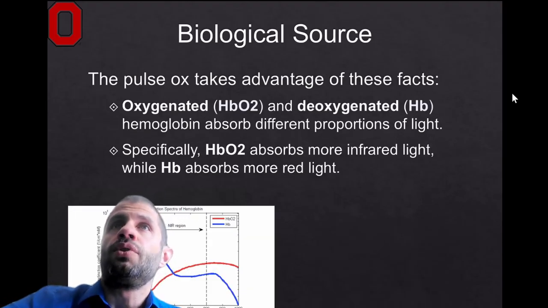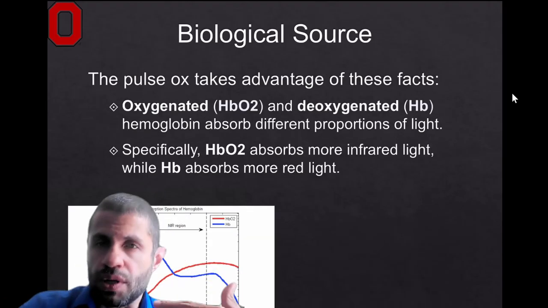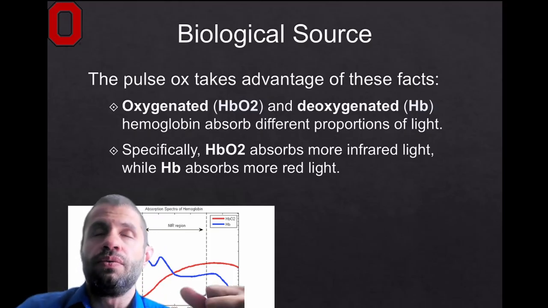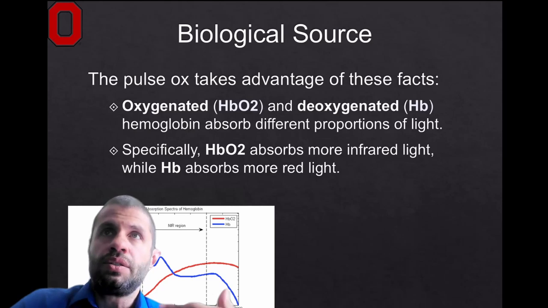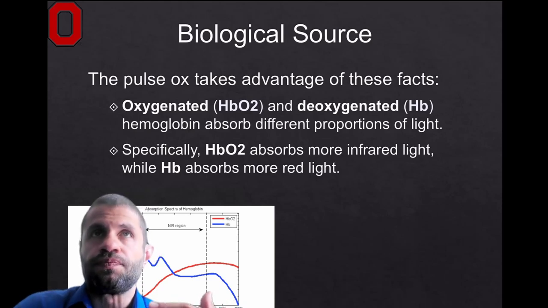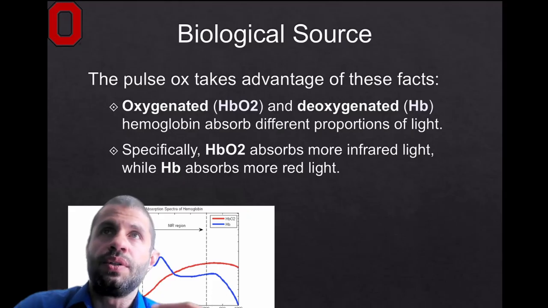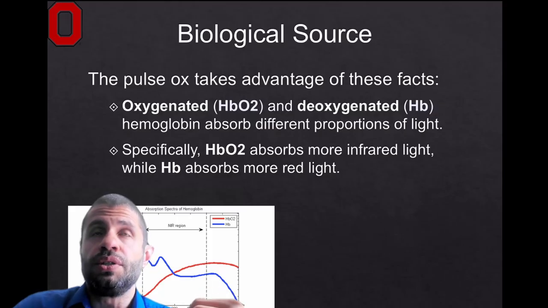So for the biology, how does this work? Like, what is the biological or biochemical basis of pulse ox? And it's somewhat fairly simple. The oxygenated and deoxygenated bloods absorb different portions of light, particularly in the near infrared region.